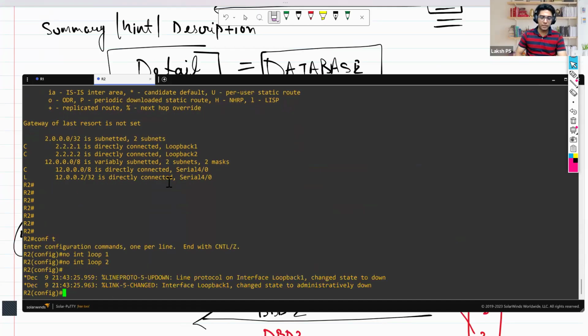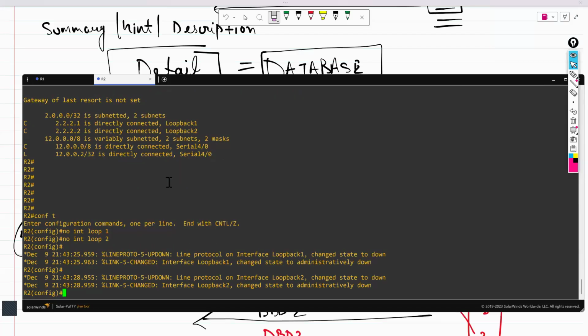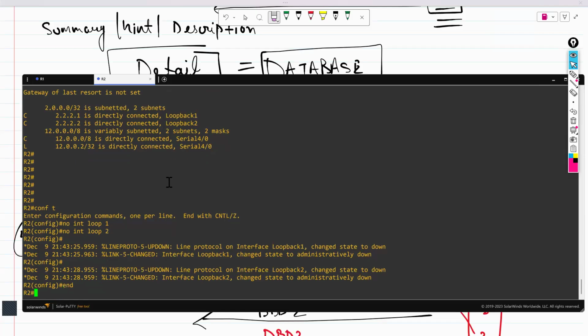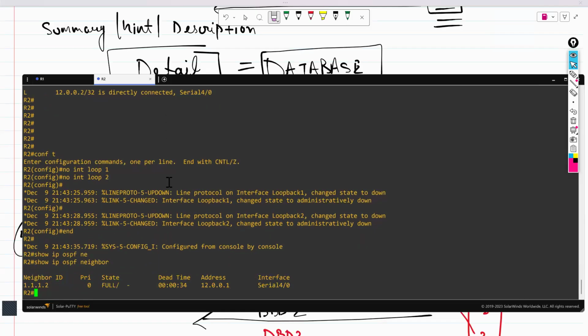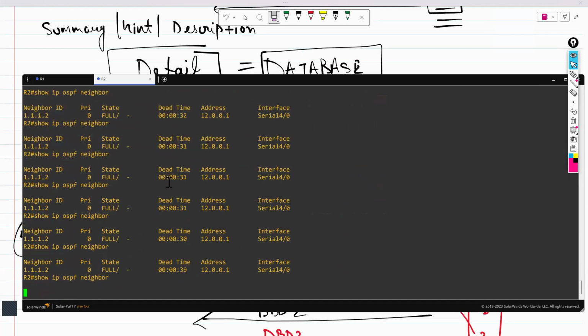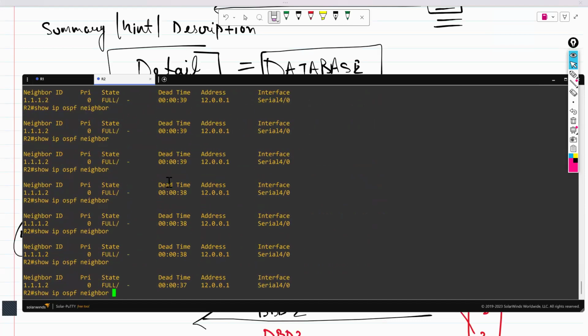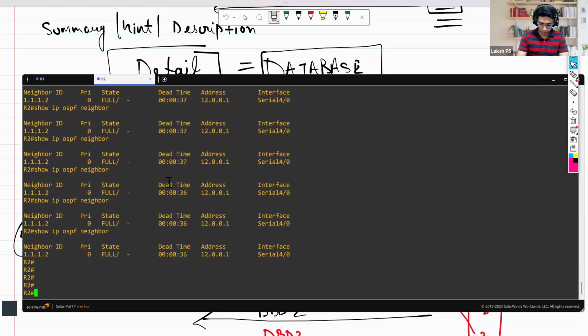Your OSPF will basically fail first. The interface changes state, both change to down. There is no neighbor.